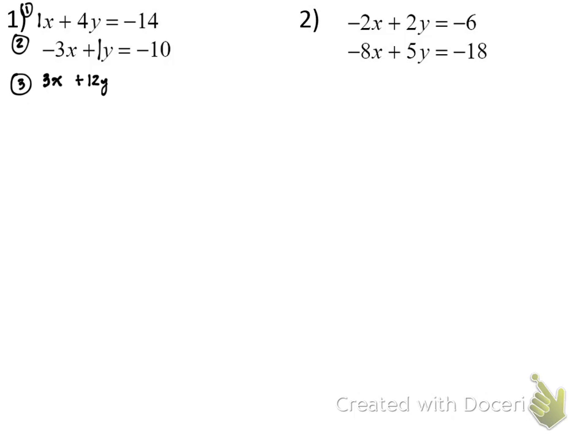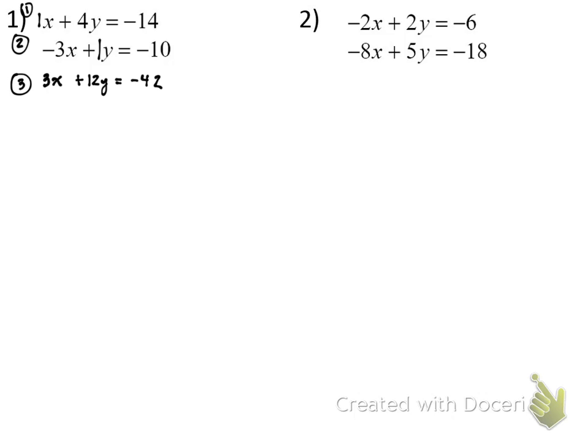Then negative 14 times 3 is negative 52. I'm sorry, negative 42. I don't know why I said that. Negative 42, okay? And now I have a new equation. Why did I multiply the first equation by 3? Because I wanted it to be the opposite of the second equation. You see how this is negative 3?